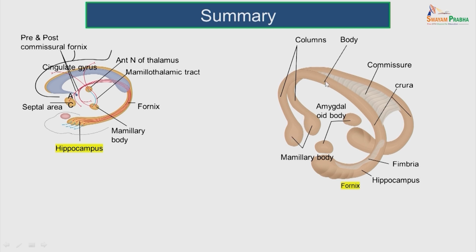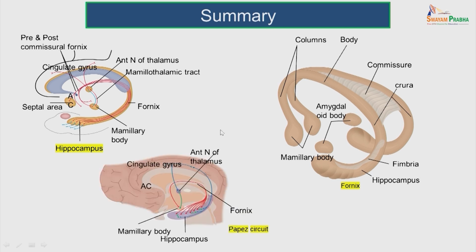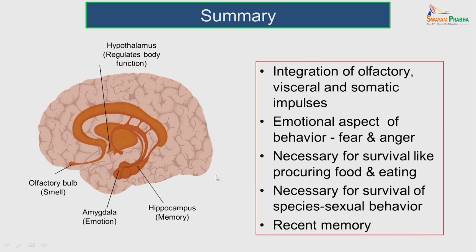The fusion where it forms the body is just below the body of the corpus callosum. And this is the Papez circuit we were discussing: from the hippocampus to the mammillary body to the anterior nucleus of the thalamus, cingulate gyrus, and back to the hippocampus. That mainly plays a major role in recent memory.